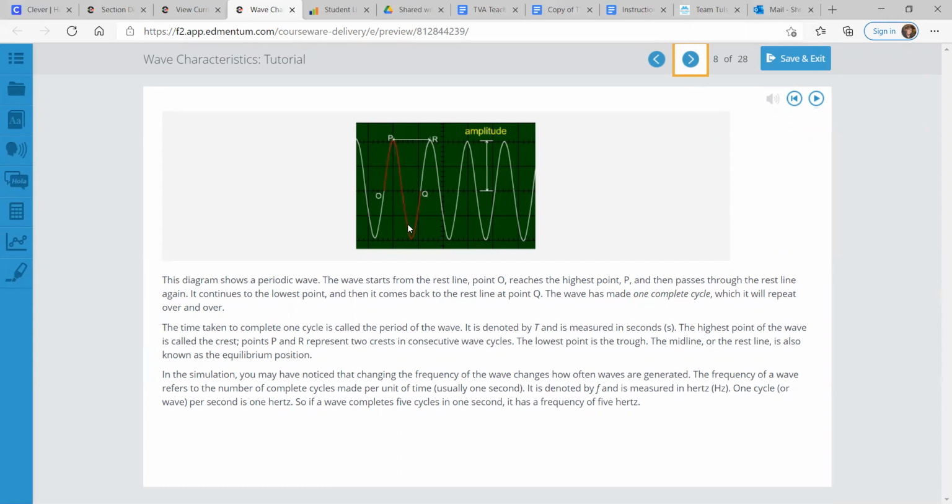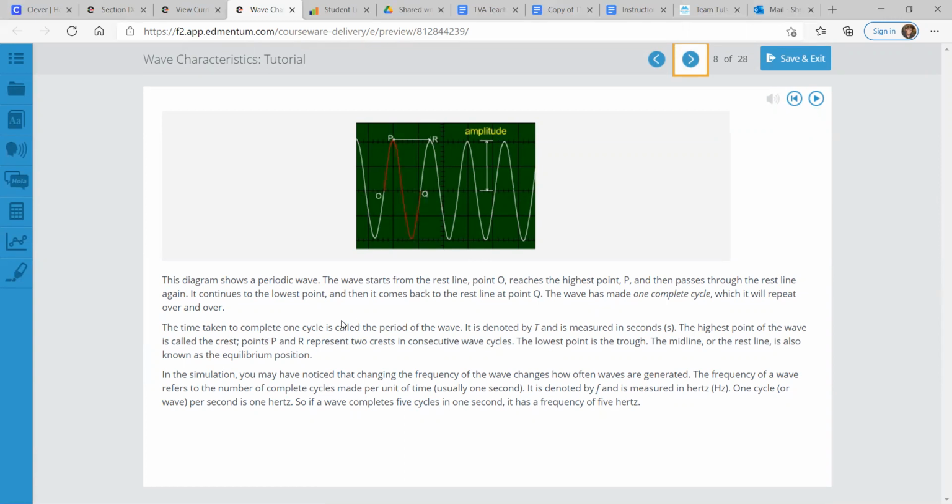It continues to the lowest point, and then it comes back to the resting point at Q. So O to P, to low, to Q. All right. The wave has made one complete cycle, and that's going to repeat again and again. So this up, down, back to rest is one cycle.